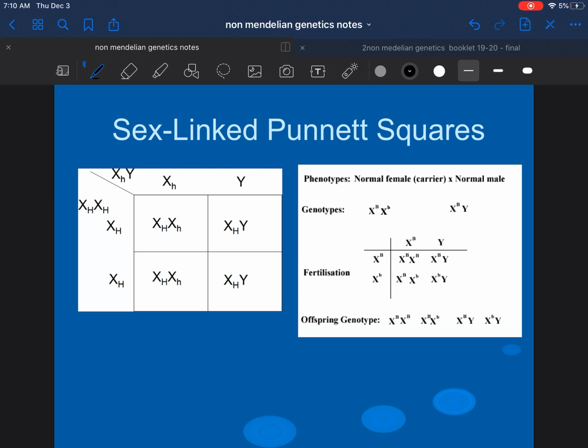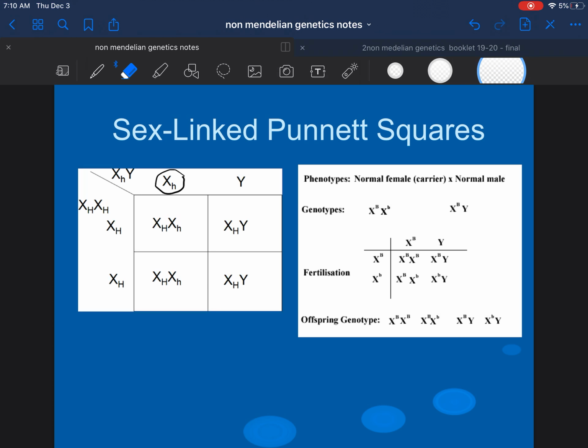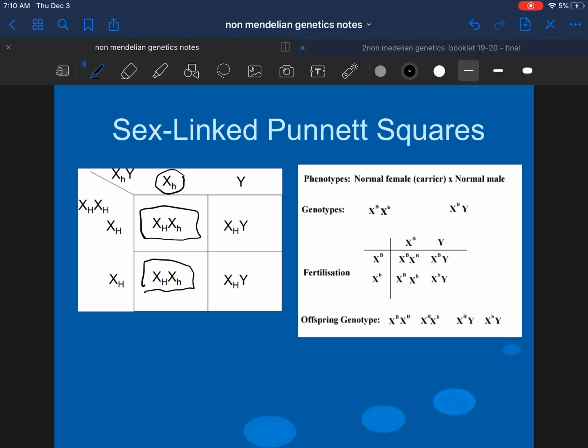So here is a sex-linked trait on Punnett squares. Remember, we use the X with the other letter, and it's just like a normal Punnett square, so don't freak out. We're doing it with the X's to show if it is a male or a female. In this case, we have a female that is heterozygous, so she's a carrier, and here we have another female that is a carrier.